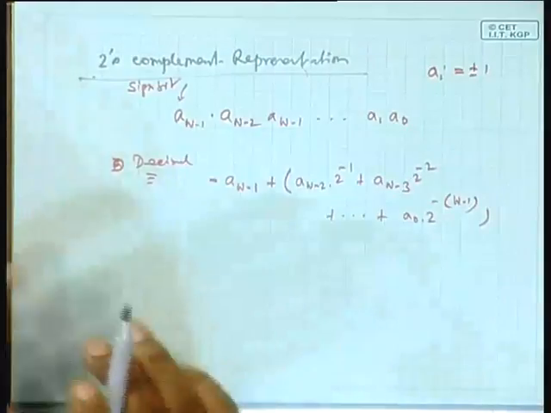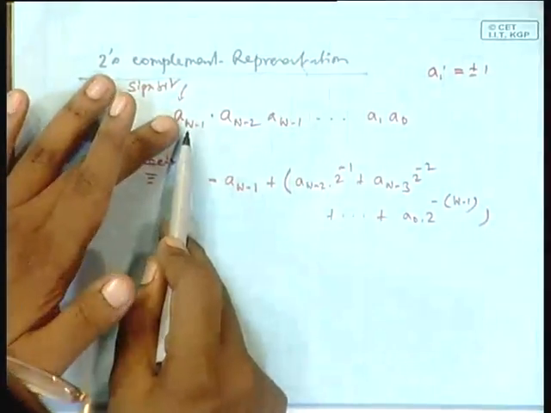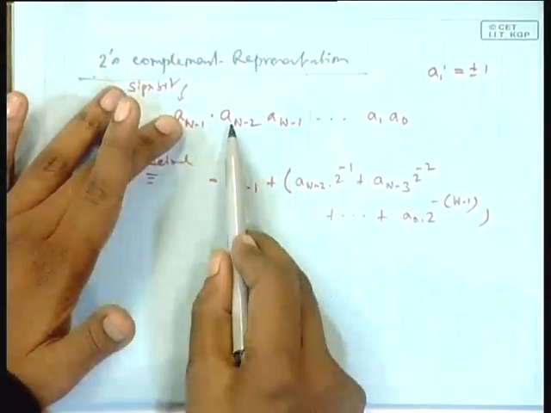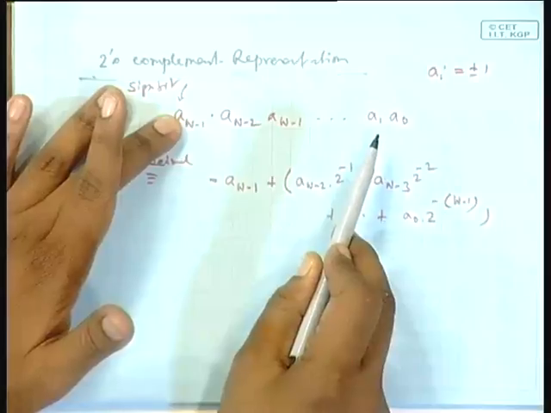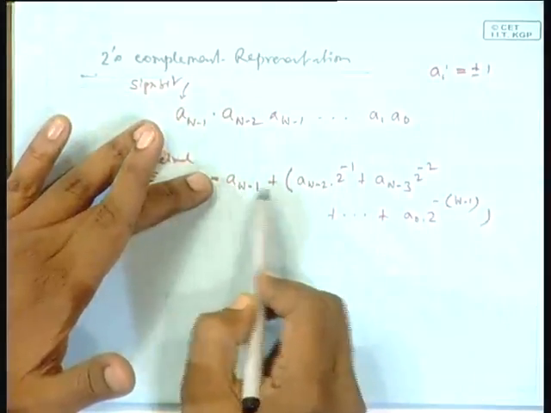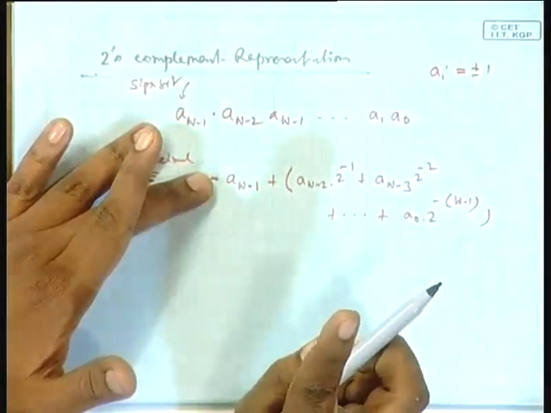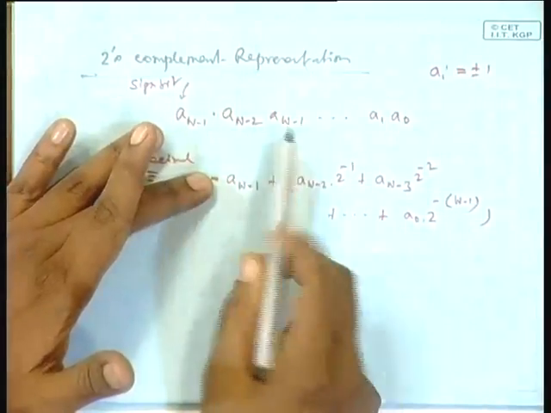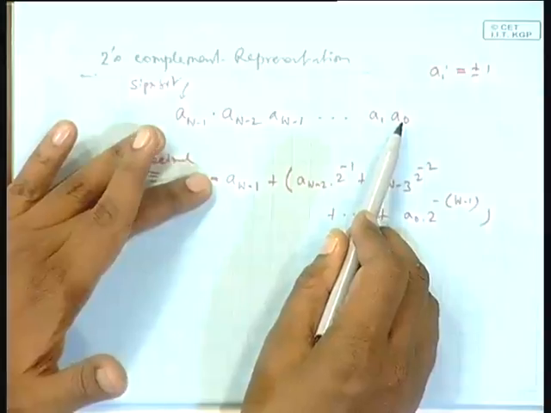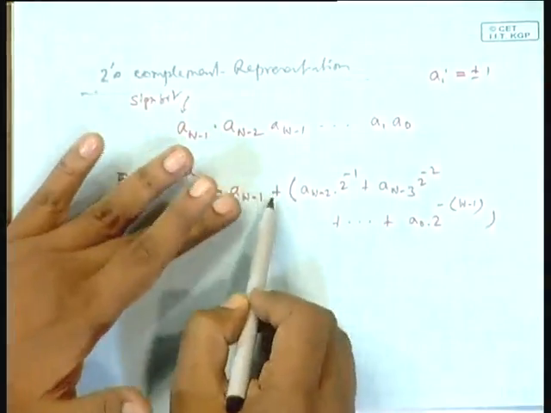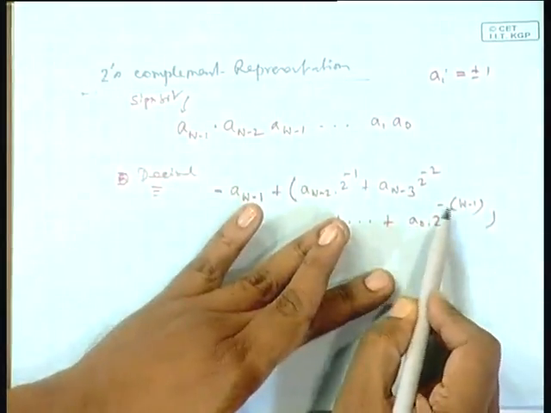Okay. If the sign bit is 1, then what is happening? You start with 1 and all 0. That will be what? -1 plus 0, that is -1. Then from all 0, you go one step ahead, 0, 0, 0, 0, 0, 1. So it will come down, -1 plus only this part.